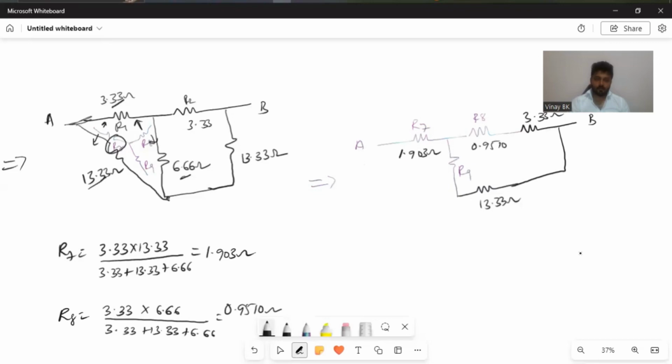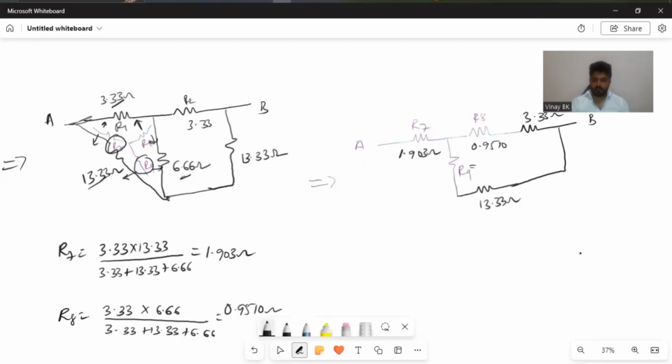So now R9, the adjacent values are 13.33 and 6.66, so 13.33 into 6.66 divided by 13.33 plus 6.66 plus 3.33. You get 3.806 ohm.